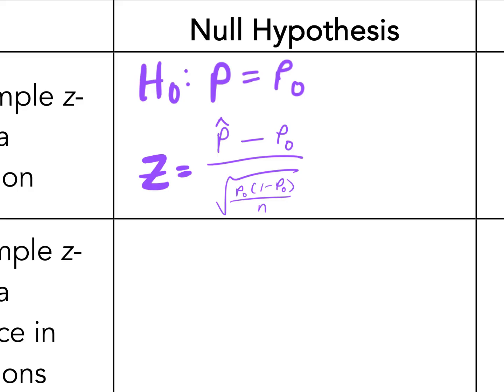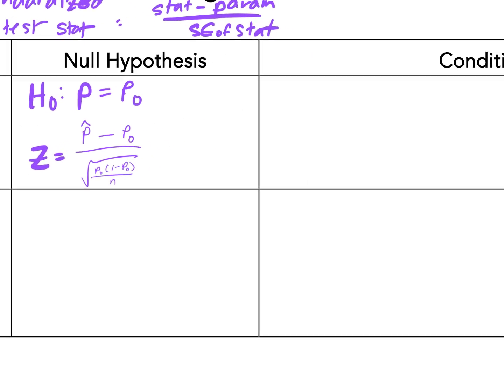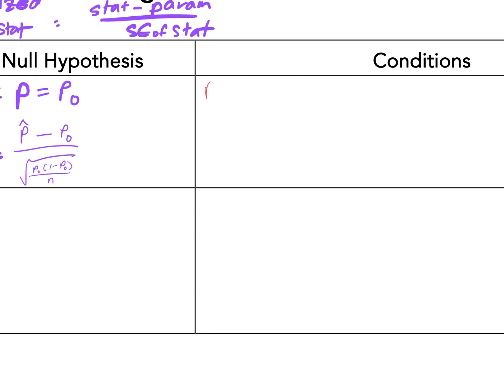Everybody good? All right. Now, your conditions. Random. You're going to say it's given.